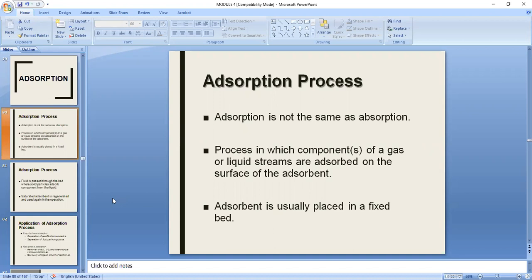So the adsorbent is usually placed in a fixed bed, and then the component to be adsorbed on it is the one that is fed onto the bed, so that the components need only to be adsorbed on the surfaces of these adsorbents.